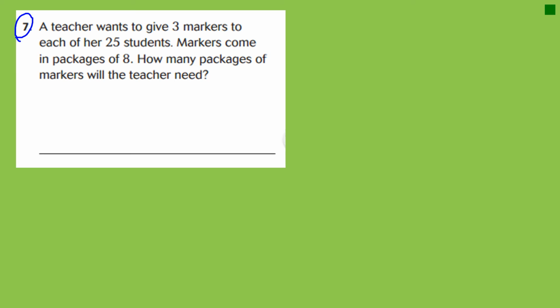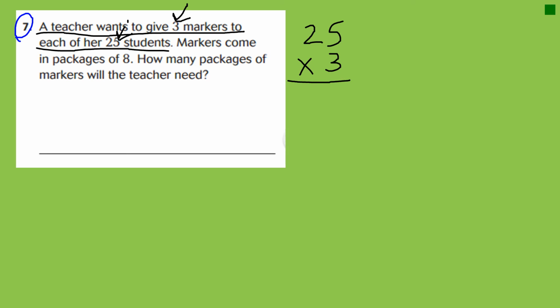Let me see, boys and girls. A teacher wants to get... Oh, wait a minute. How many markers does she need? It doesn't just tell us, does it? Each kid gets 3 markers, and there are 25 kids. So she needs 25 sets of 3.